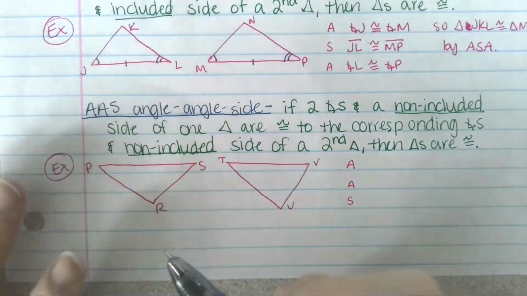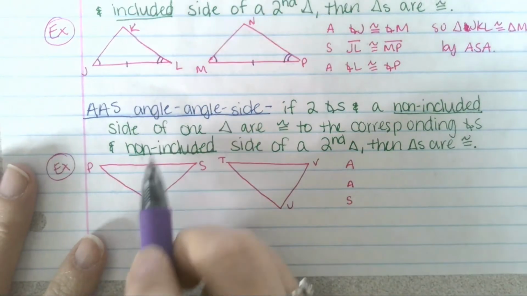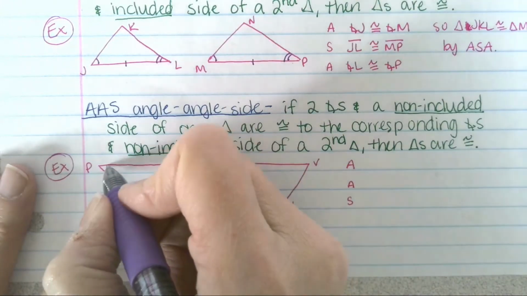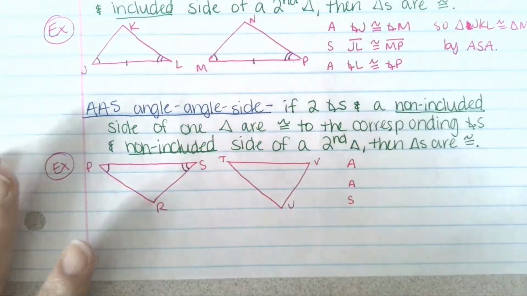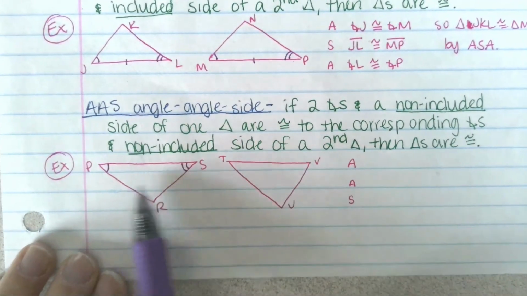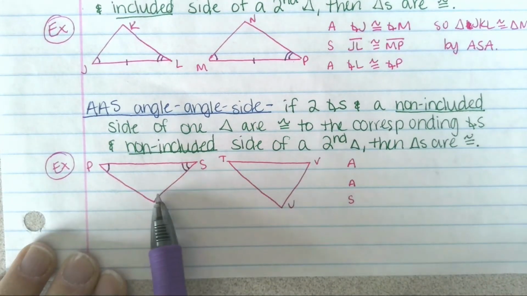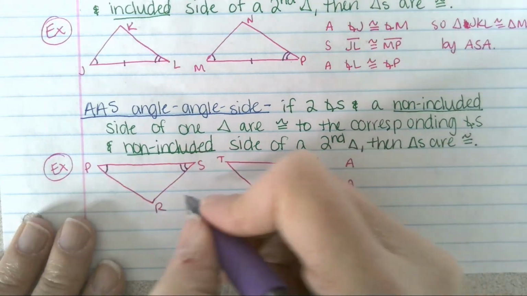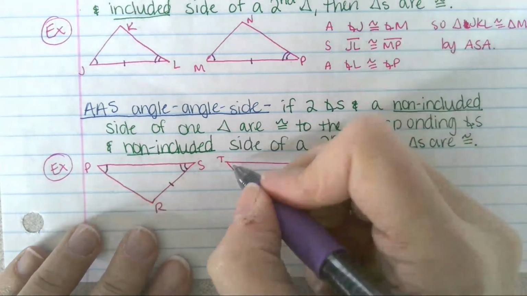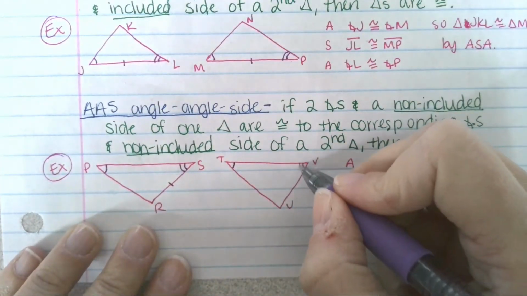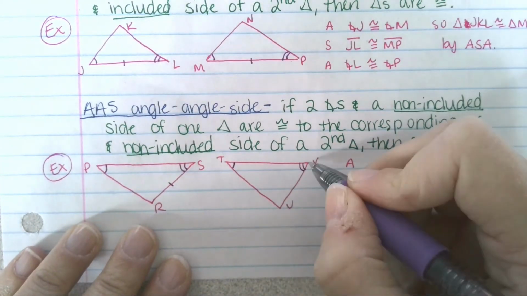So when we read them in order, not included means that it's not going to be between the two angles. So if I've marked P and S, then my side needs to be one of these two that's connected to my empty angle. So I'm going to label this one here. And then in my other diagram, TU and then, or TV and then this side.